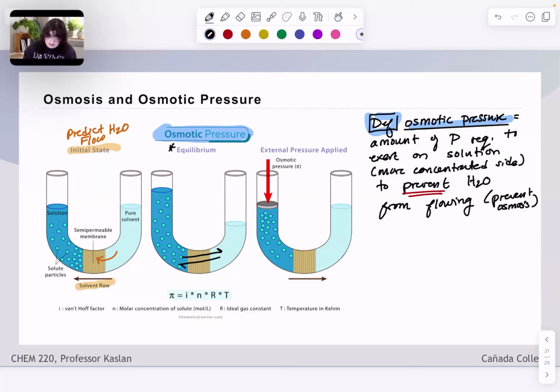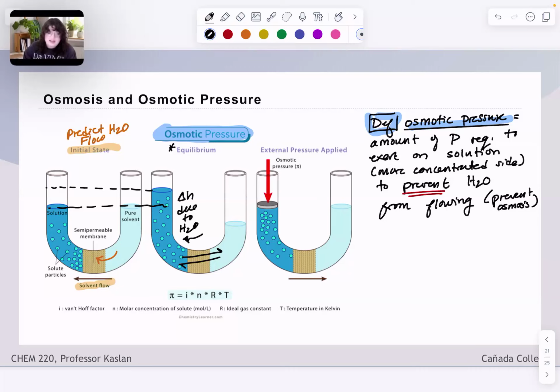If we do have this flow, then if we were to compare this height to this height, this delta H is due to H2O flowing through that membrane.